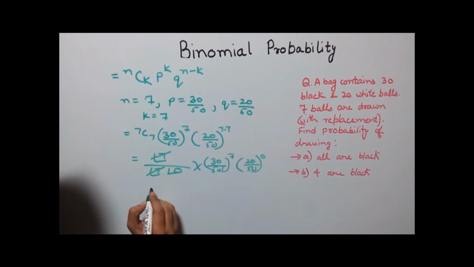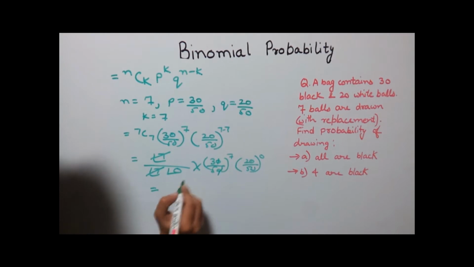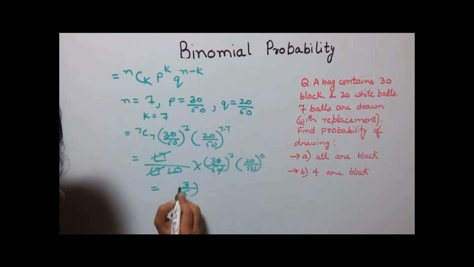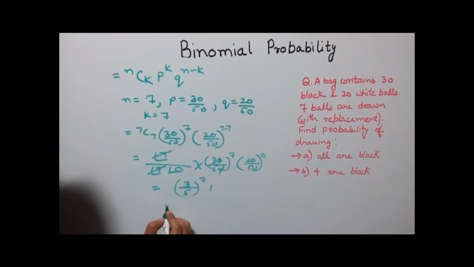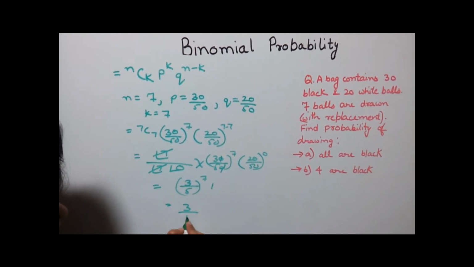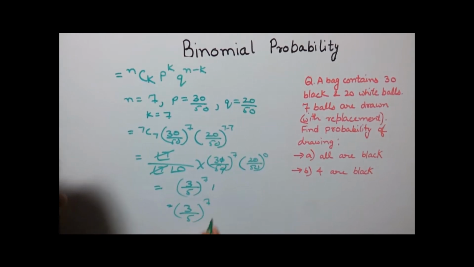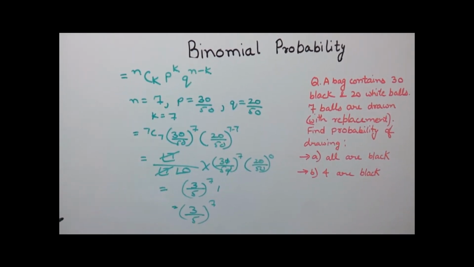Factorial 7 cancels factorial 7, and 0 factorial is 1. This gives us 3 by 5 to the power 7 into 1, because the power is 0. So 3 upon 5 to the power 7 is the answer of the first case.